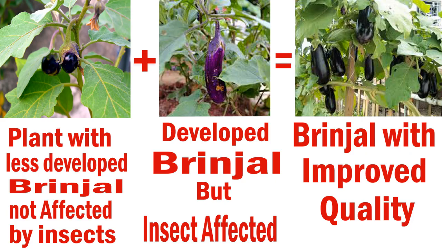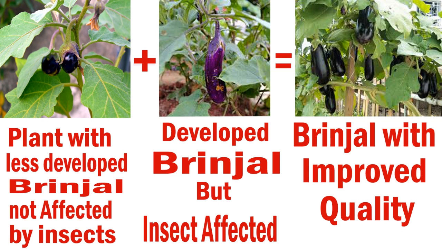Before discussing hybridization in chemistry, we must discuss hybridization in the general sense. We are all familiar with hybridization in plants. As shown in the figure, there are two brinjal plants. One has underdeveloped brinjal, not grown to the required size, very small. We can't eat it or make business with that.